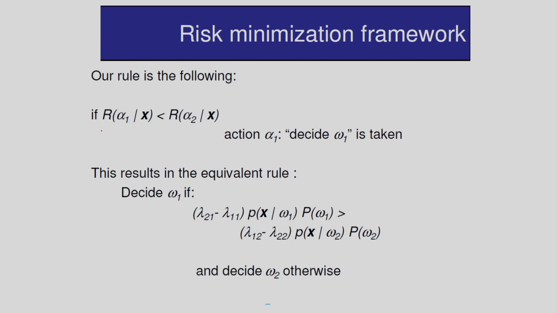If the risk alpha 1 given x is less than the risk alpha 2 given x, that is the conditional risks, then in this case we have to consider the action alpha 1. That means we have to decide the class W1, and this is equivalent to this, because from this, if you put in these values, you will get this one.